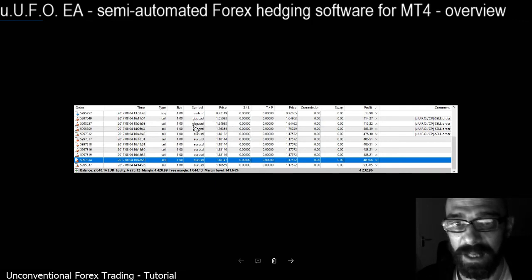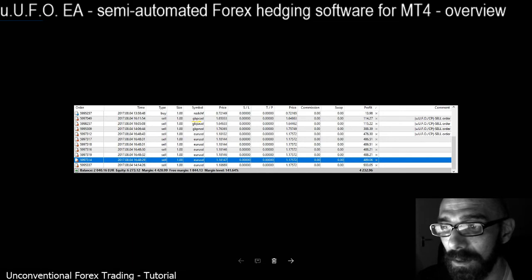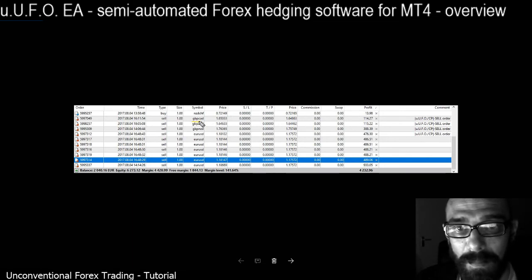Like in this case, we have GBP CAD. Oh, you won't see this. We have GBP CAD, GBP Australian dollar, GBP New Zealand dollar, and Euro dollar.